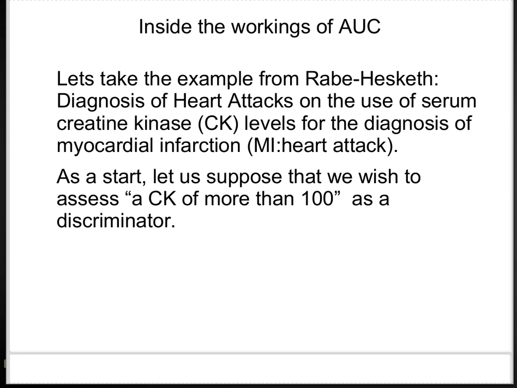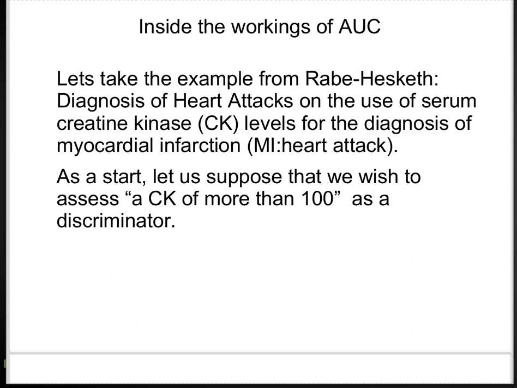So we might, as is sometimes argued, begin such an assessment based on a pre-assigned threshold of this characteristic, CK, that is designed to presumably provide us with the background for making a prediction of a person with a heart attack.